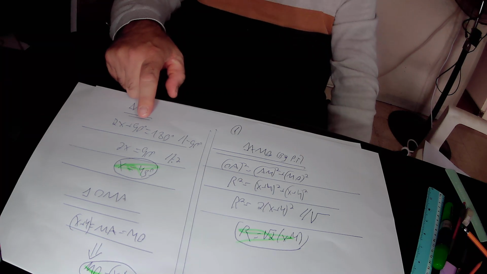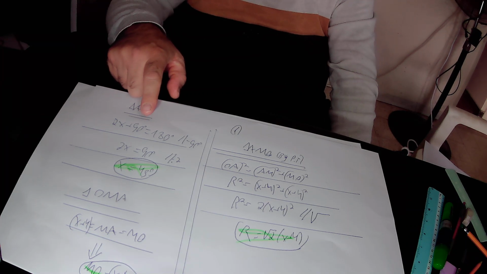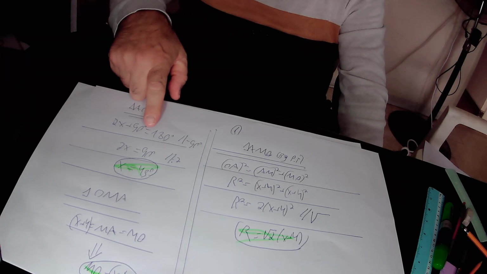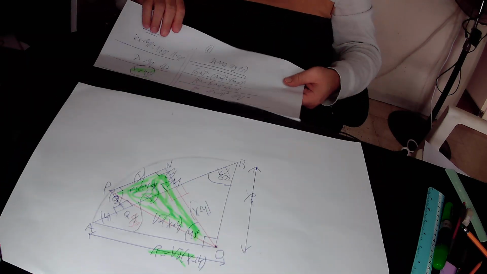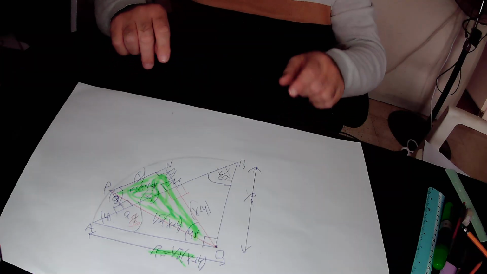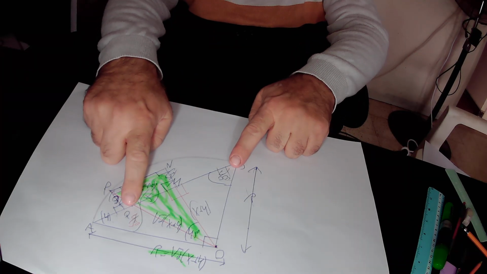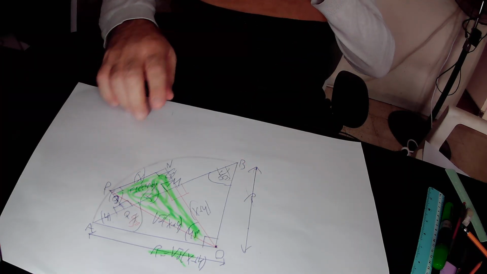If we divide this equation by 2, we find that the missing angle x equals 90 degrees over 2, that is 45 degrees. Those two angles are both equal to x, and x equals 45 degrees in size.